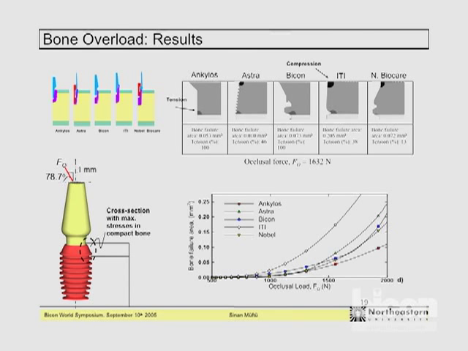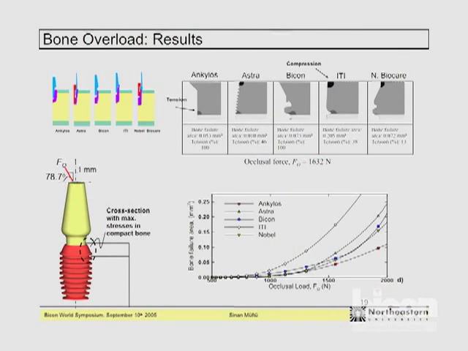Now, the good news is, for moderate levels of mastication loads, there are no differences and no failure occurs in any of these implants. But when we go to very high loads, which can occur in patients who have grinding problems, or in catastrophic situations when somebody tries to eat something that they're not supposed to eat, too hard or something like that, the loads can go up to 1,000.